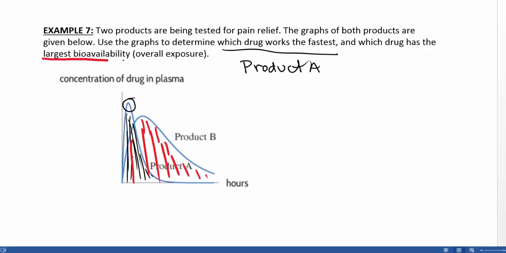So the largest bioavailability is going to be product B. Depending on what the ingredients are of this particular drug, we may have concerns about how much exposure we have because of product B. Because it stays in the system longer, you're exposed longer, and the area under that curve is much larger than drug A.